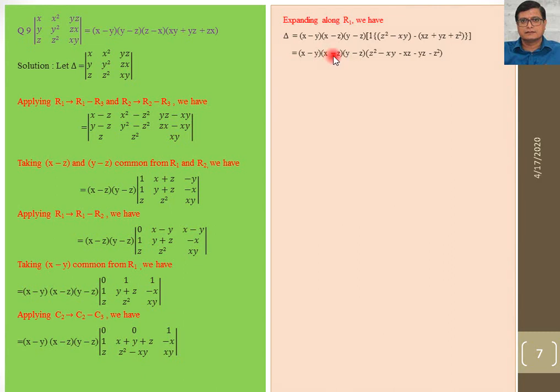So again minus will be common from here. Minus is also common from here also. So minus minus plus, then we have the required answer of this determinant: (x minus y)(y minus z)(z minus x)(xy plus yz plus zx). Hence this is the required solution of the given determinant.